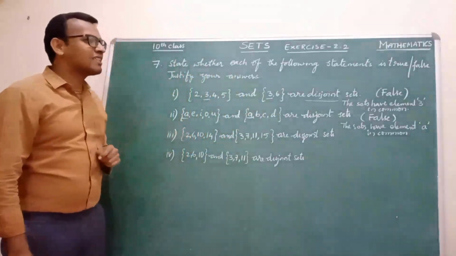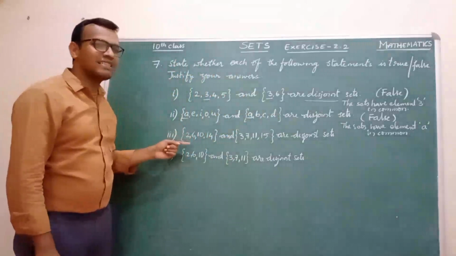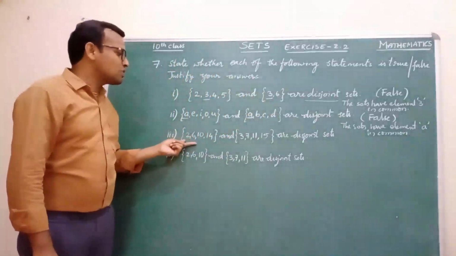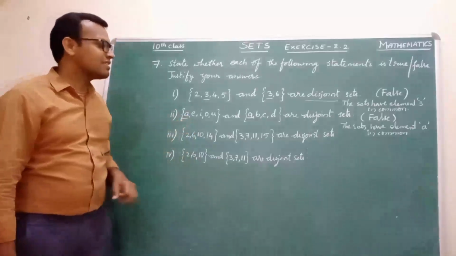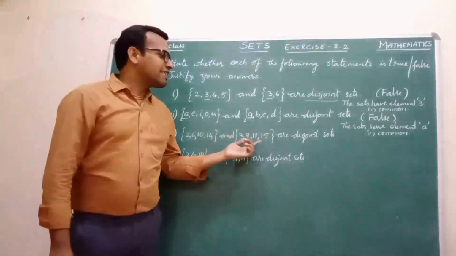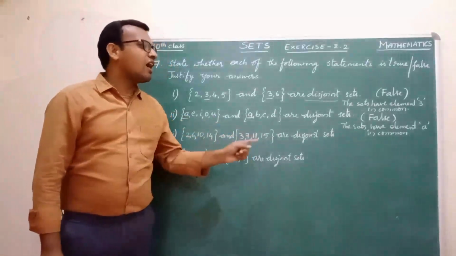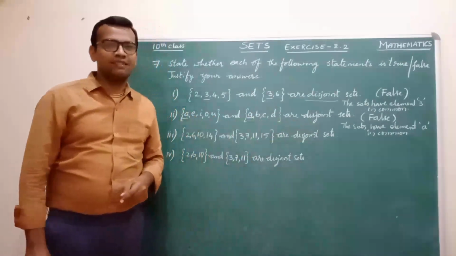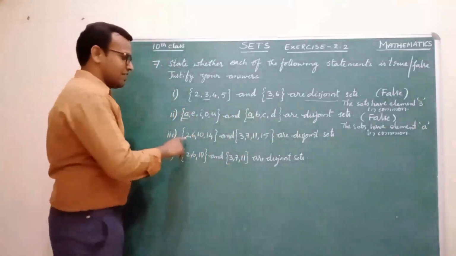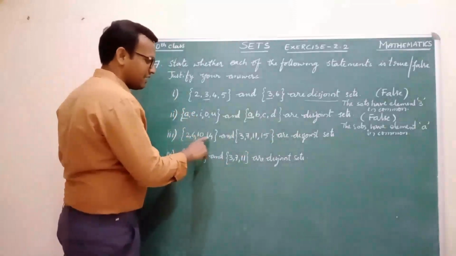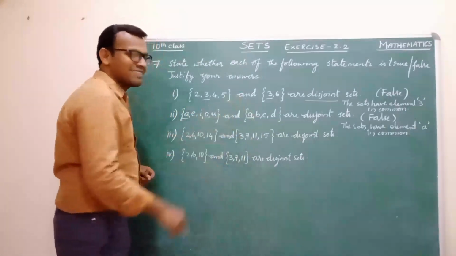Now let's go for the third statement. What is this saying? Set of 2, 6, 10, 14. There are some numbers as elements in this set. And set of 3, 7, 11 and 15 are disjoint sets. Now let us check whether there is an element in common or not. See, 2, 6, 10, 14. No. Yes.